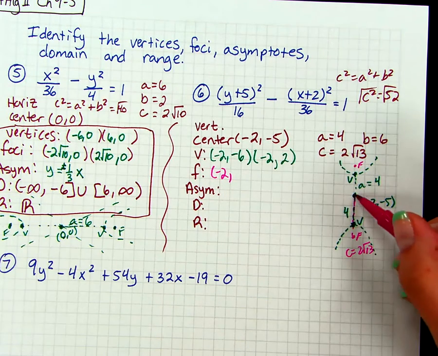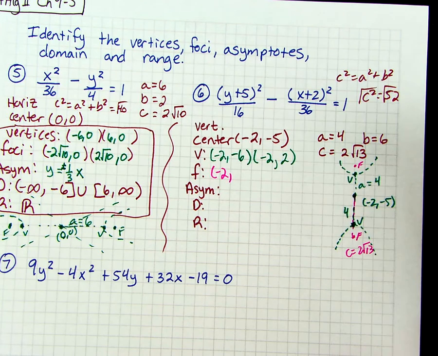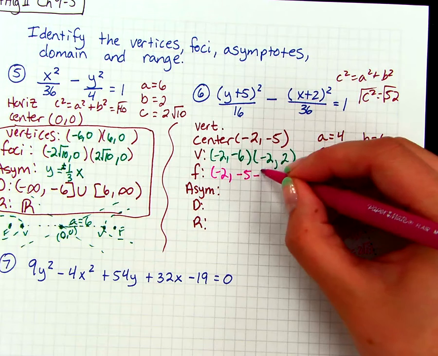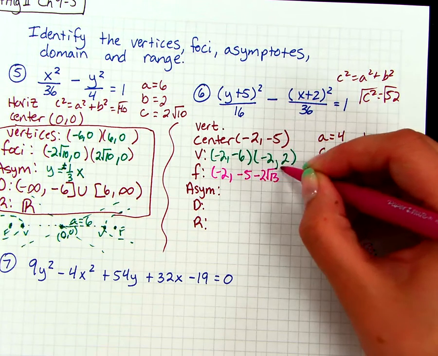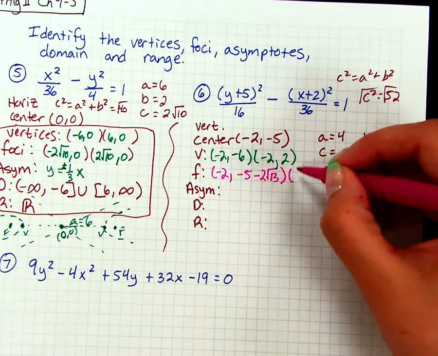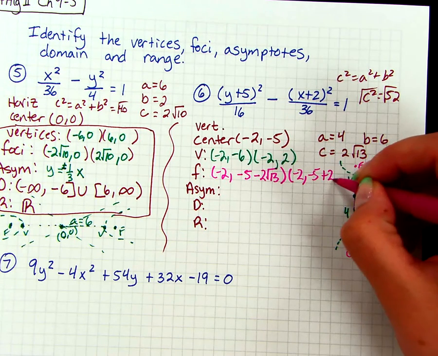If we start with this one, we are subtracting, so it's going to be -5 minus 2 square root of 13. For the second one, we're going to go up, so x stays the same, and we take -5 and add 2 square root of 13.